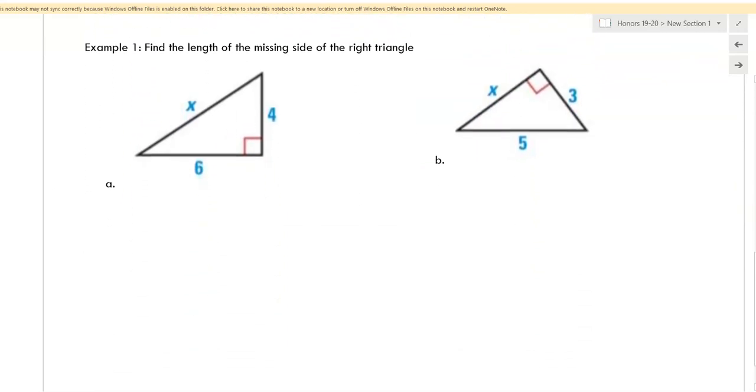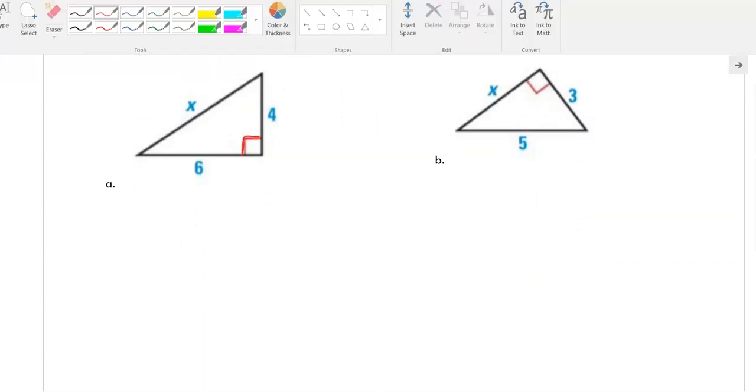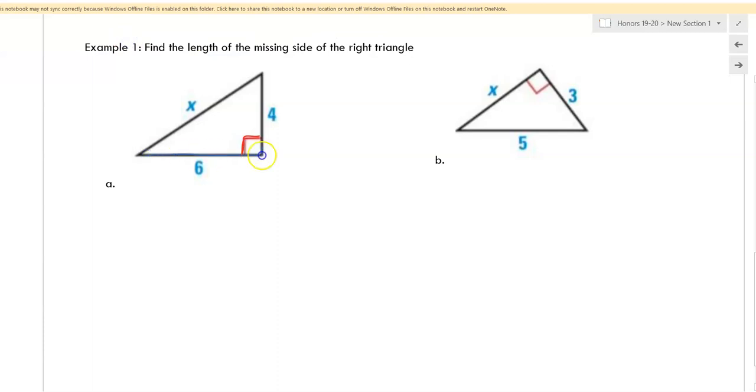So looking at example 1, I want to find the missing side of the right triangle. Here, I want to make sure I know where my right angle is, and then I have legs. For my legs, it doesn't matter which one's A and which one's B. So I'm going to say A, B, and then the hypotenuse is across from that right angle, so that's C. So we have A squared plus B squared equals C squared.